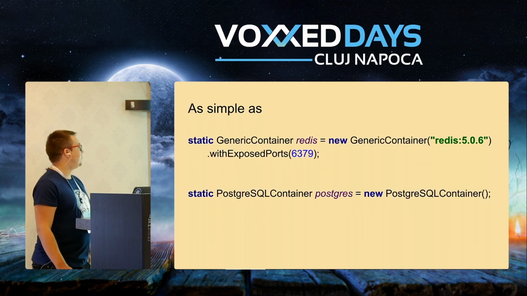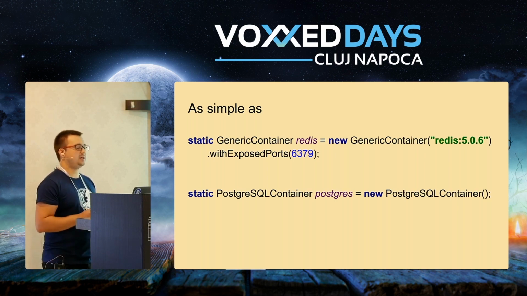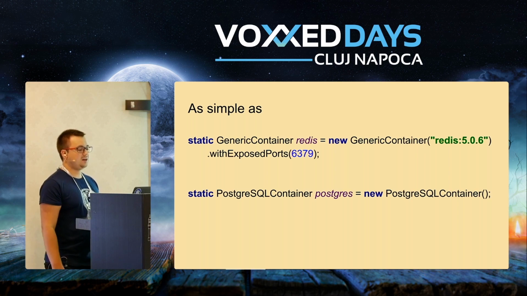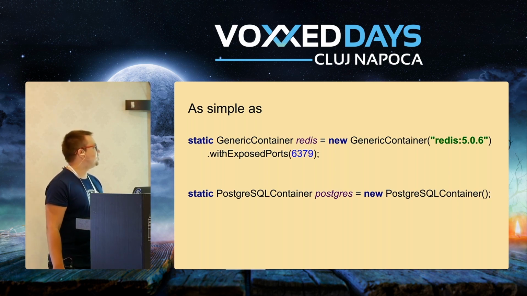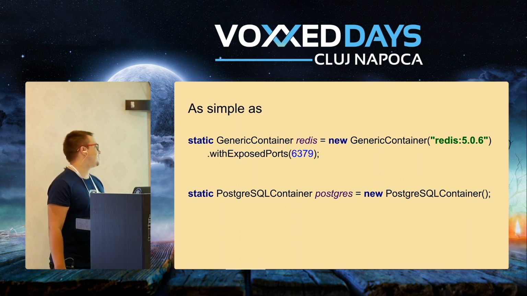So if you are just starting to use Testcontainers, then it's very simple as this one. There is a core class which is called GenericContainer. There you just provide your image and the tag, and then you say which port of the container you want to expose, and basically you are done. You will get that container started from your test.